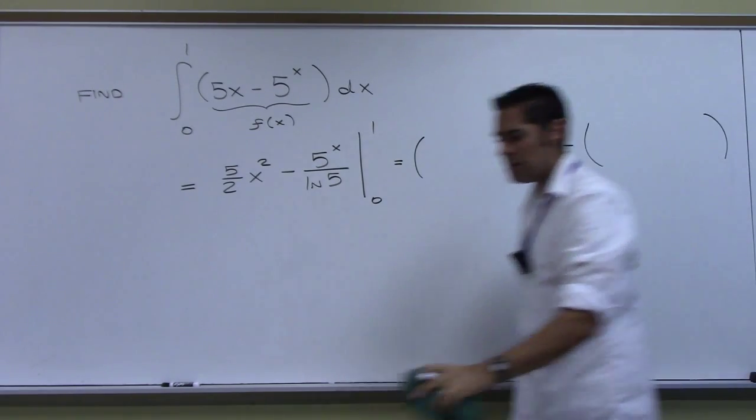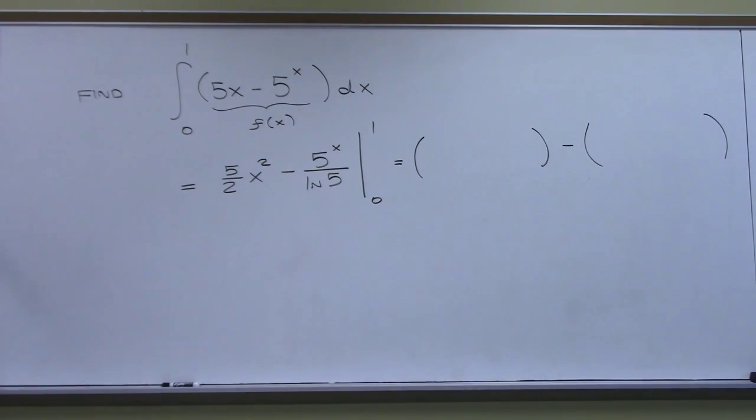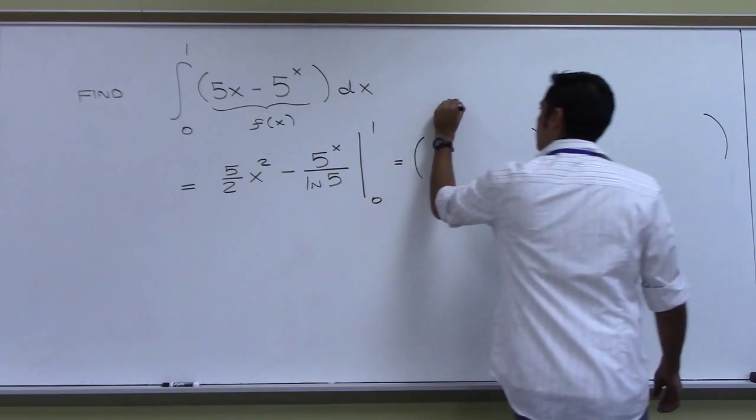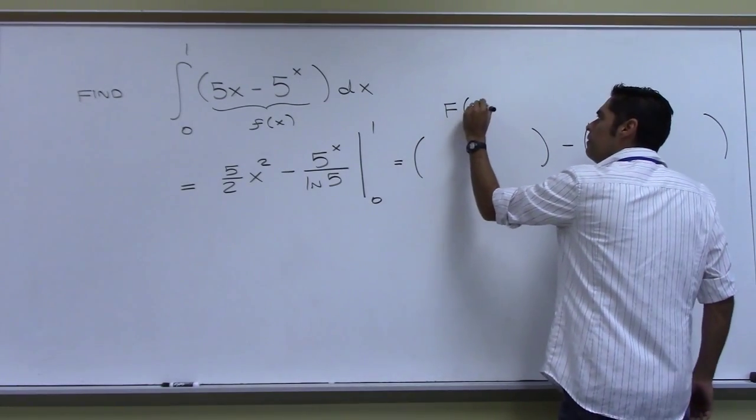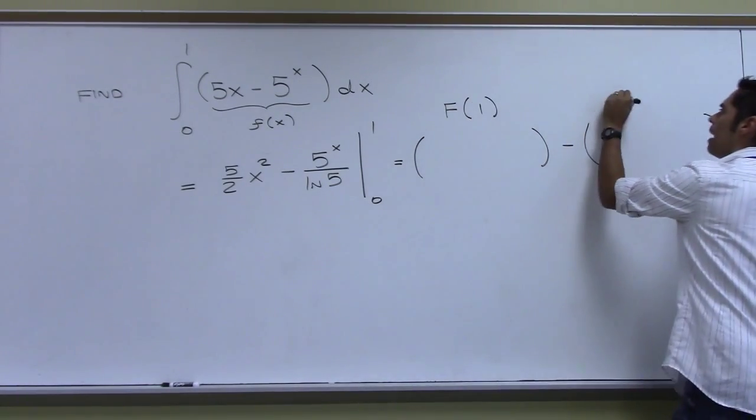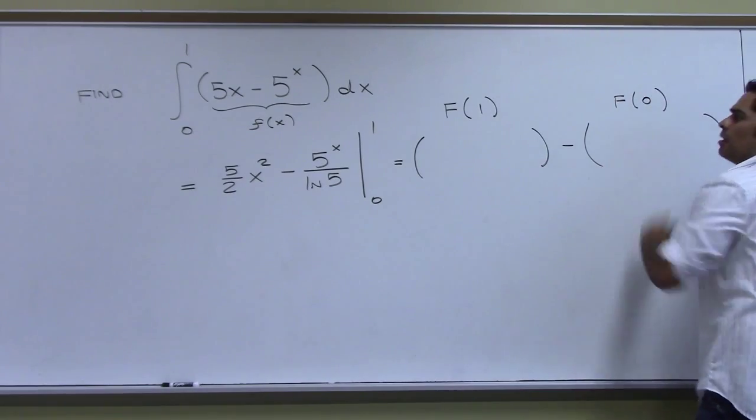I put a subtraction sign between them, and that's for these 2 pieces right here. So we want here capital F of 1, and over here we want capital F of 0.